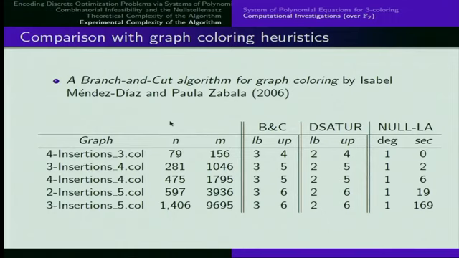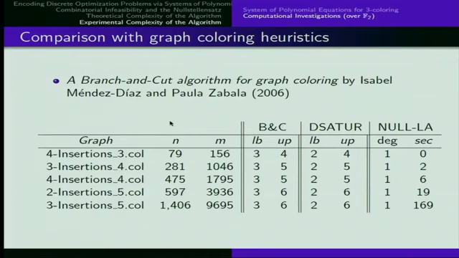These are well-known algorithms in graph coloring. And they had these particular graphs from the table that I show you. Look at this one, for example. It had 1,400 vertices and 9,000 edges. And when they ran these algorithms, they couldn't tell whether it was tree-colorable or not.